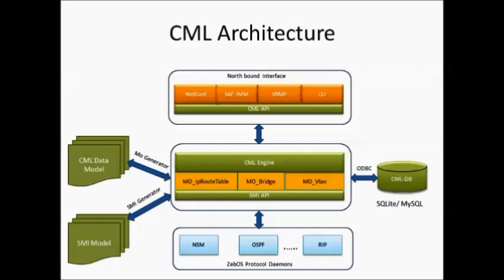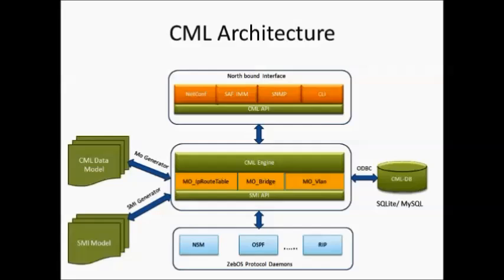So for example, if you want to manage the VLANs of a system, this data model should be written for that particular managed object called VLAN. And the CMLDB is the configuration store where the entire configuration data is stored. The interface between the CML engine and the CMLDB is ODBC.